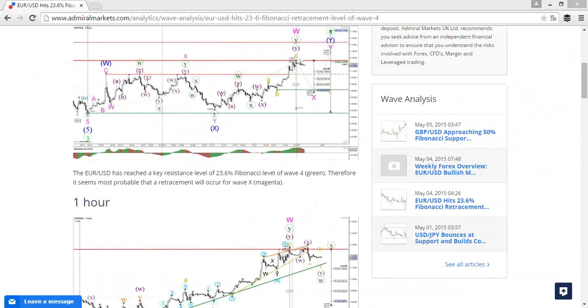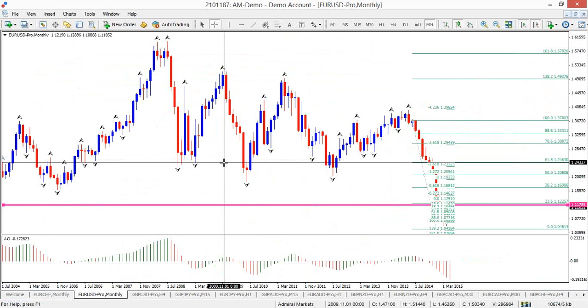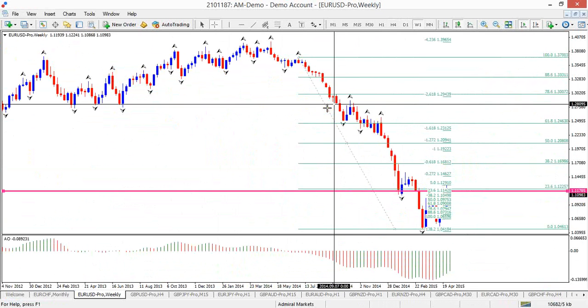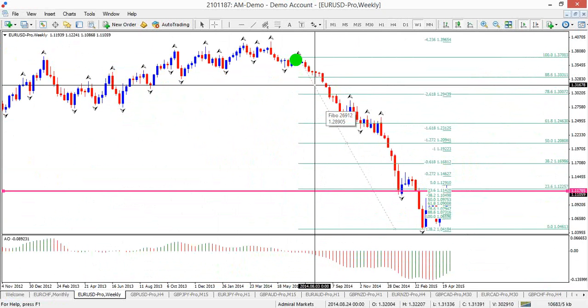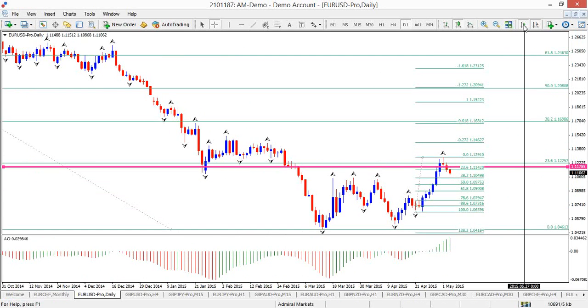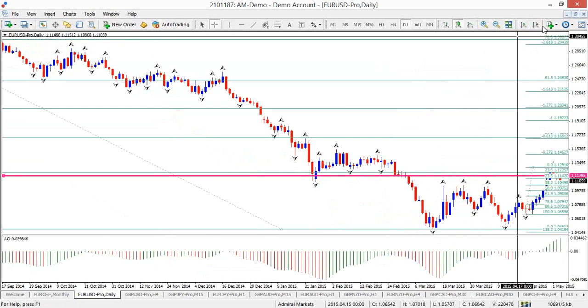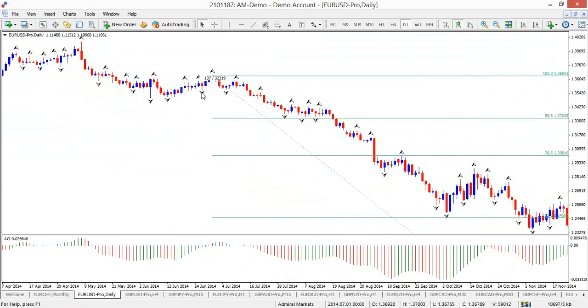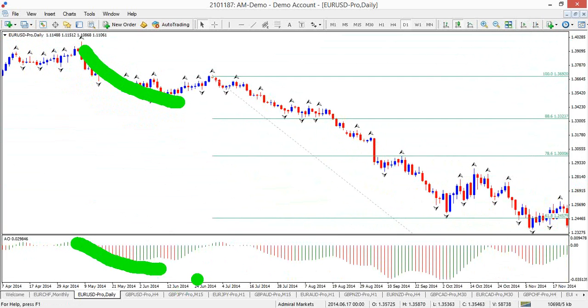All right, and now let me go back to this chart. The smaller waves within wave C. I'm looking at the daily chart, for instance. You can see that, looking at the oscillator, this was one move down, and this was a move up to the zero line.